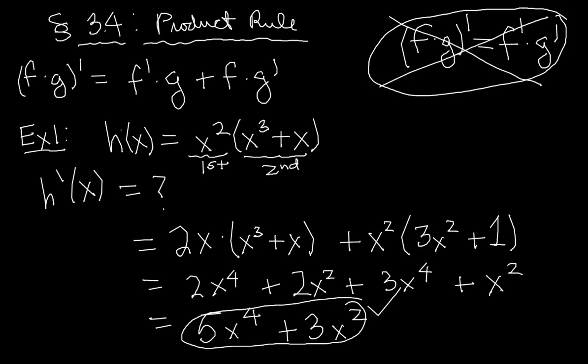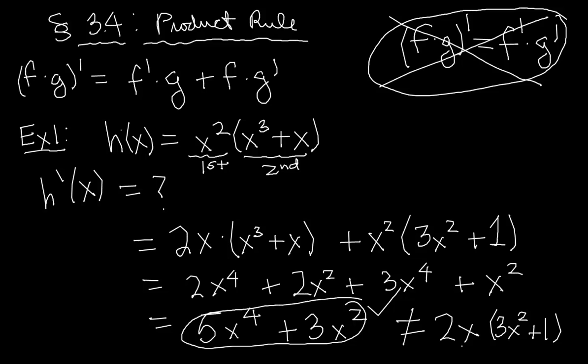Put a check next to that. And look at how this is completely different from, okay, so not equal to 2x times 3x squared plus 1. That's what you would get if you just took the derivative of the first times the derivative of the second.